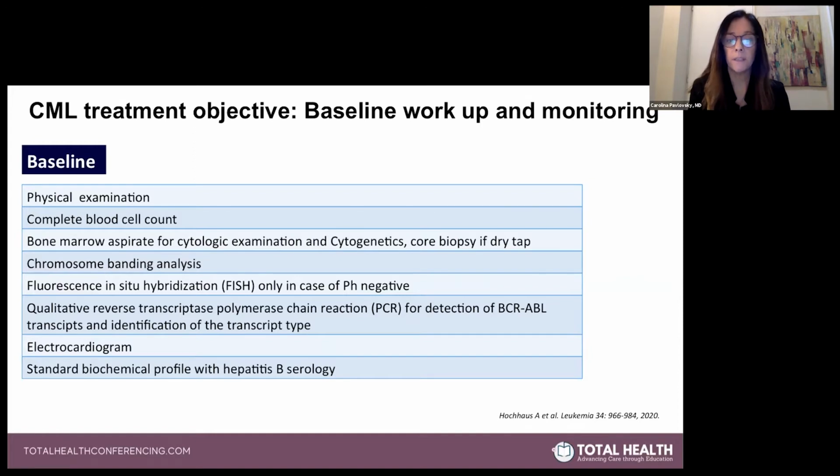And if this is negative, the FISH, only in cases of Ph negative. It's very important to identify the transcript type and make a qualitative reverse transcriptase polymerase chain reaction, the famous PCR, for detection of the transcript. Also an ECG and the standard biochemical profile with hepatitis serology.